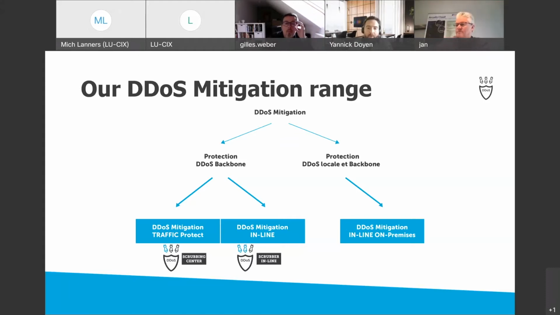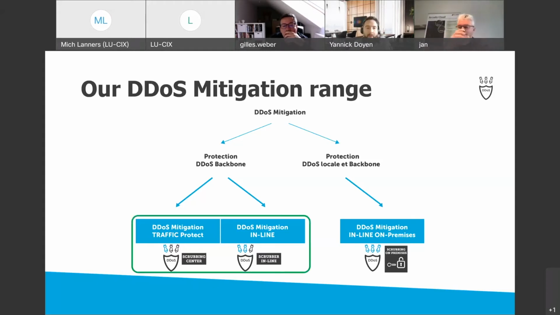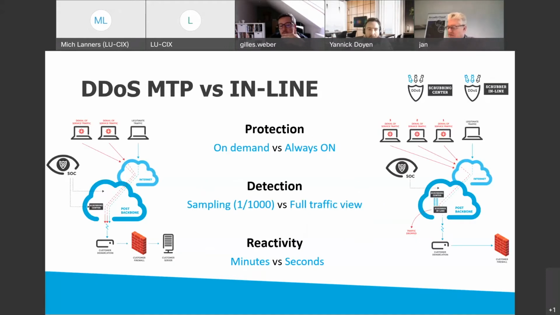For this one, it's based on backbone appliances, and these appliances are shared with other customers. The third level is called Mitigation Inline on-premise. But as we do not have much time today, we will compare only the MTP and the inline. Let's have a look deeper in detail.